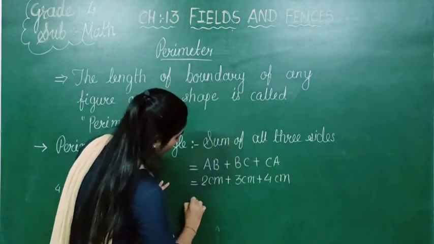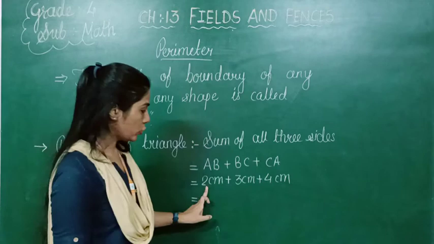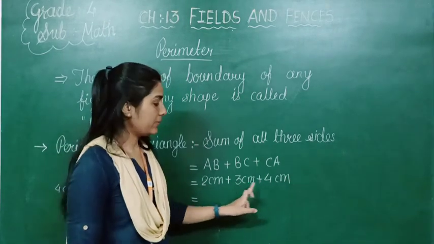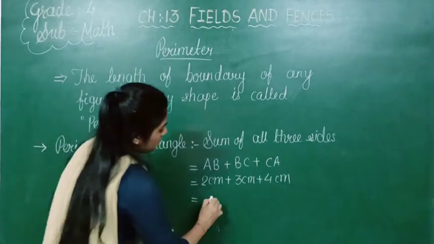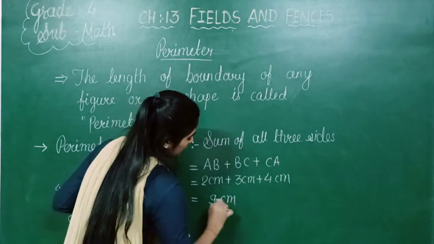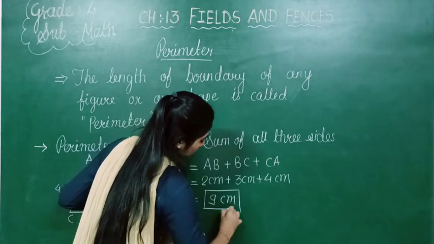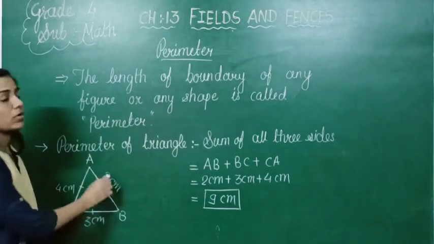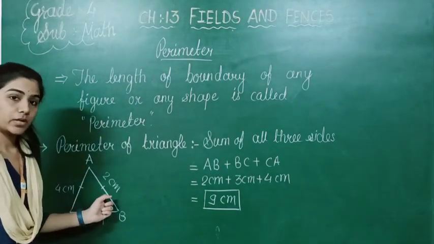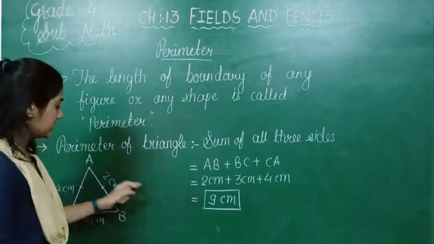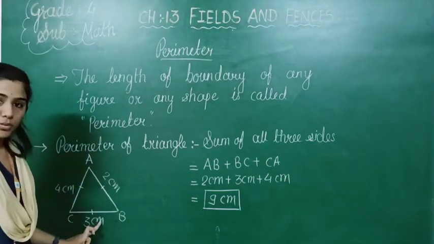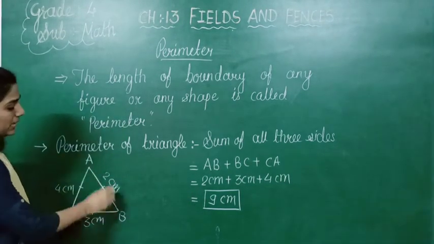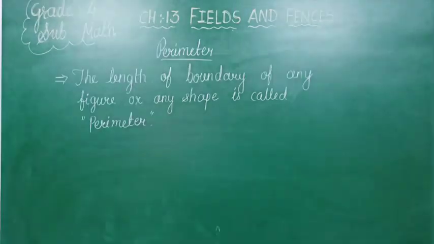So the addition of all these 3 numbers: 2 plus 3 is 5, and 5 plus 4 is 9. So 9 centimeter is your answer. So we can say that 9 centimeter is the perimeter of this triangle shape. So what have we done? We have found the length of the boundary, means we have found the total perimeter of this triangle shape.